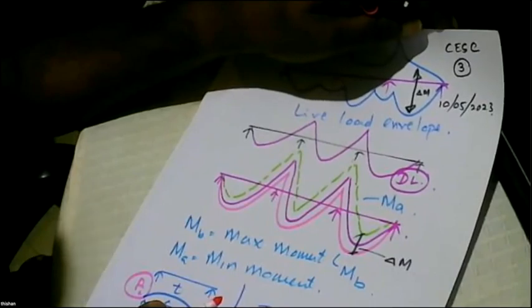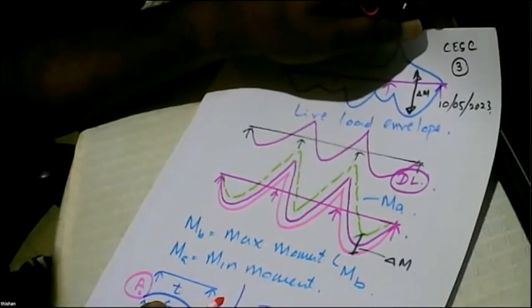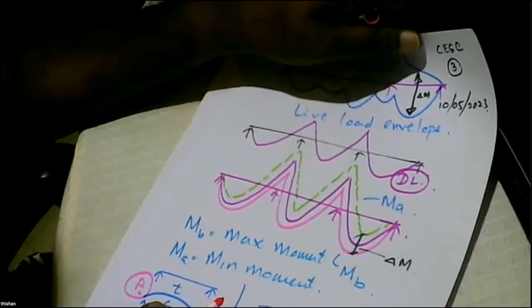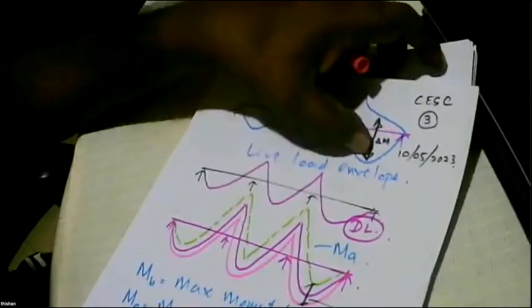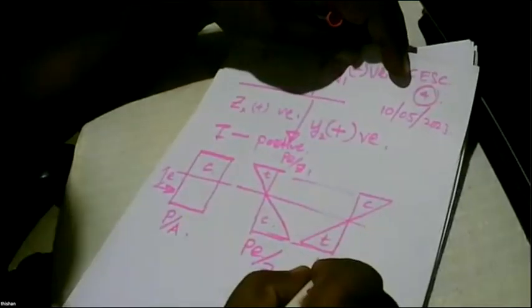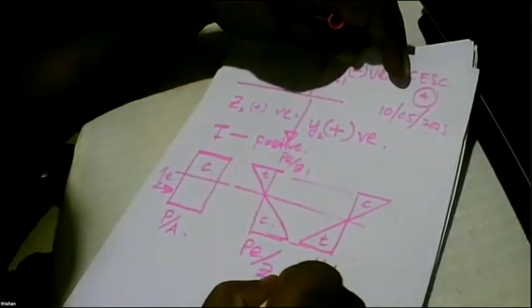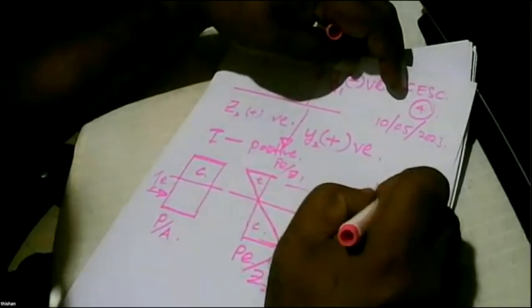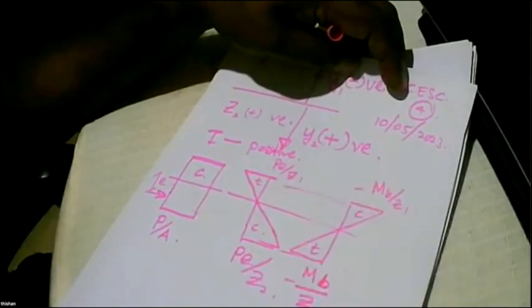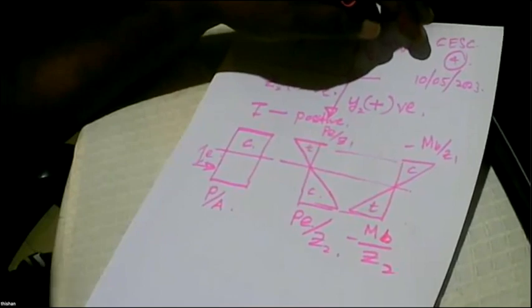And when you apply the maximum moment, what can happen? If you apply the maximum moment in the span, here you can see we are applying a certain moment. So we get a situation where MB over Z2 minus, here you get MB over Z1 minus. So we'll write two equations for this case.